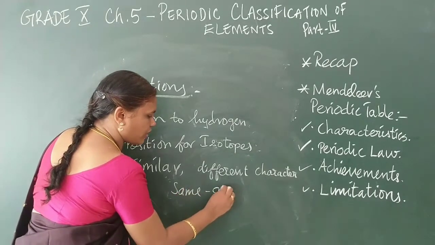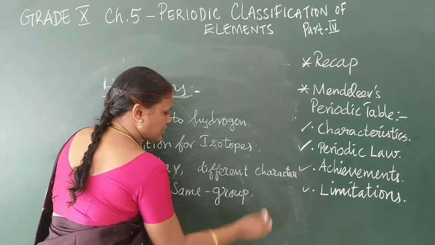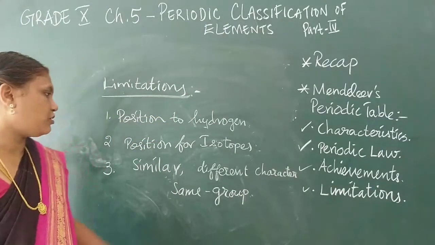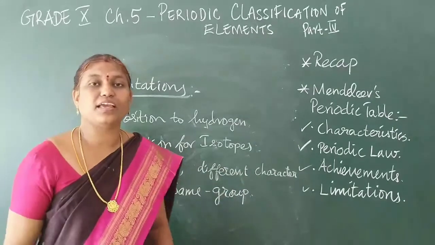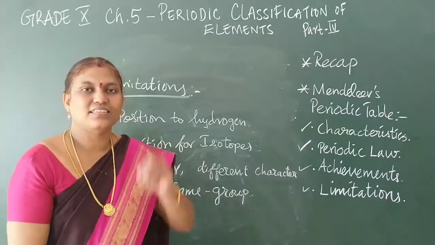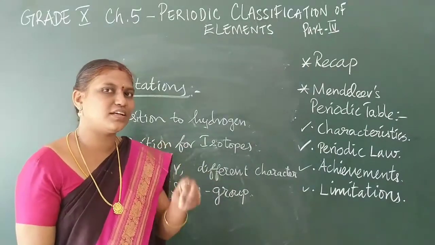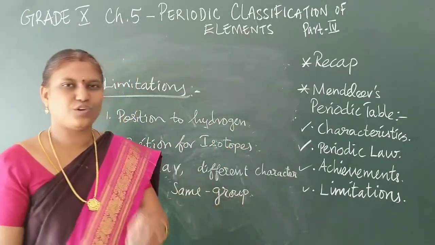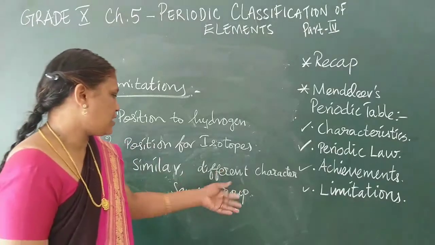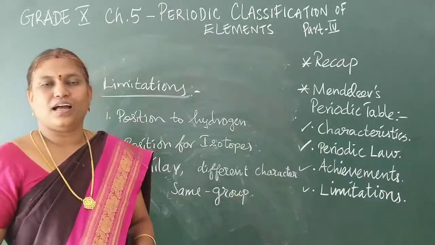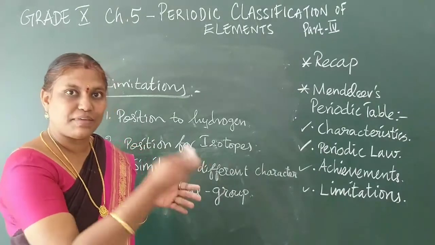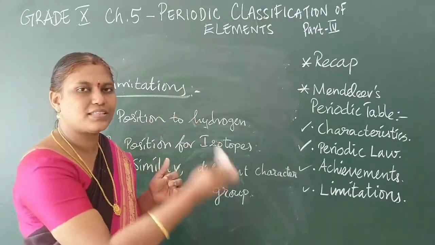So what is the third point? Some of the elements which do not have the same character are also placed in a group. So a few disadvantages are here, and he has placed heavier elements before and lighter elements after.